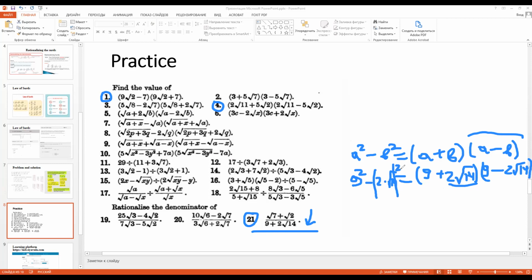Okay. So my writing is some kind of unclear. That's why I'm gonna write it another way. 9 square minus 2 multiply 14 square. You understand?